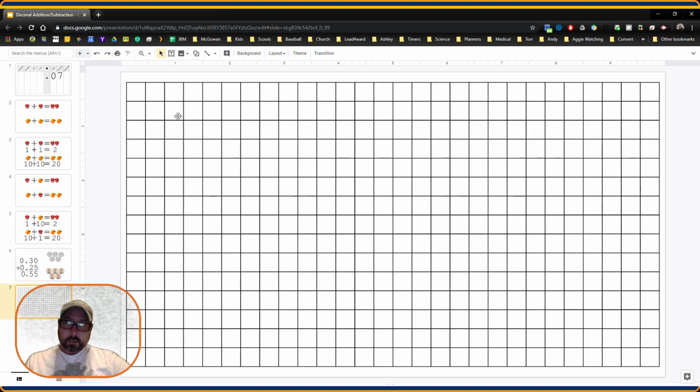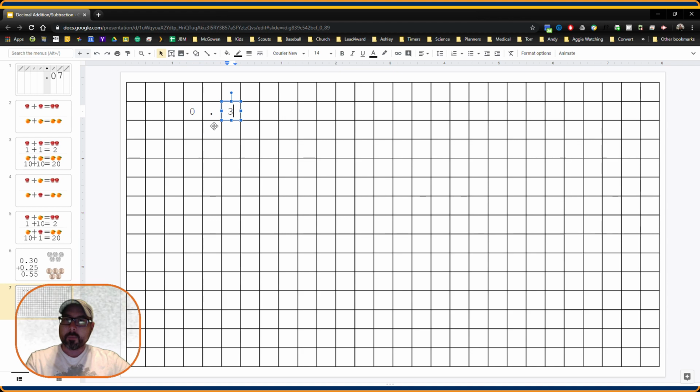Now, grid paper. This is your best friend for decimals. When you have a number that goes into decimal place, grid paper is set up perfectly for place value. You just put one digit in every box. So if I was going to set up the problem I had before, 0.3, I'm going to line up my decimal.